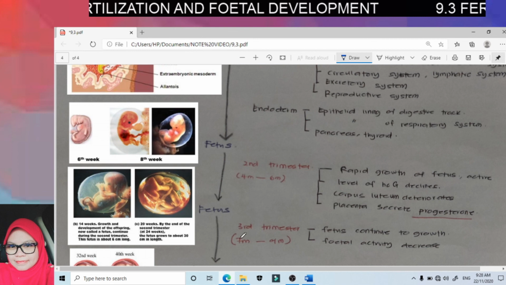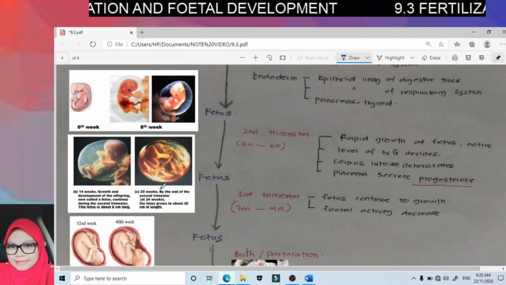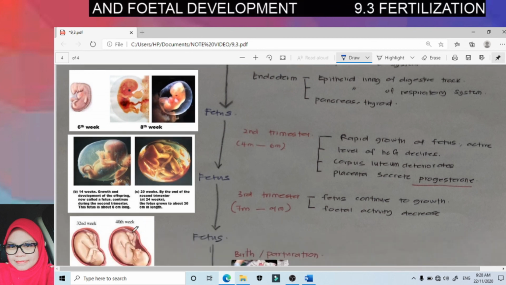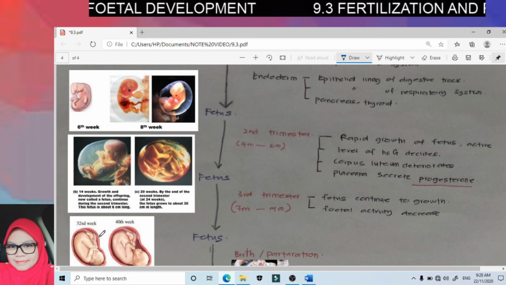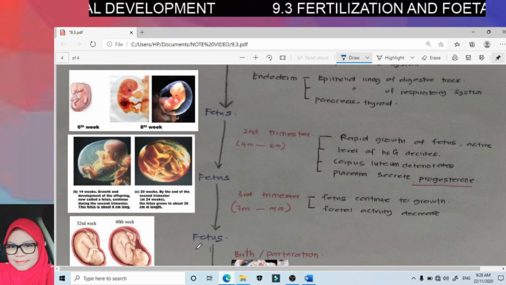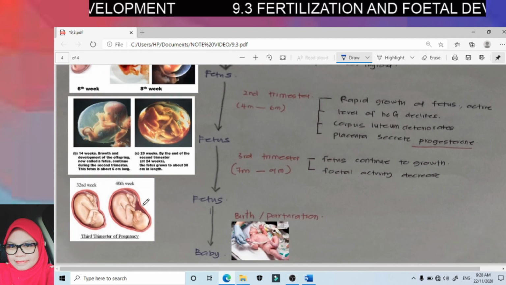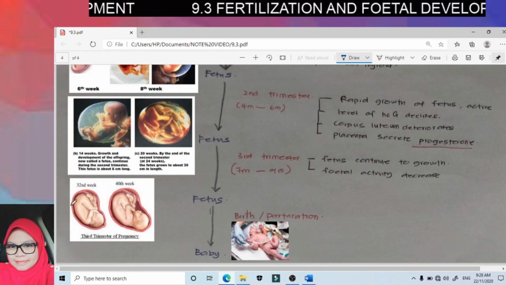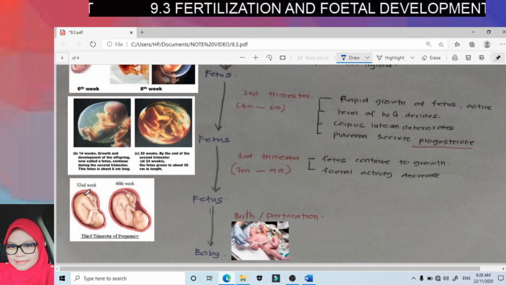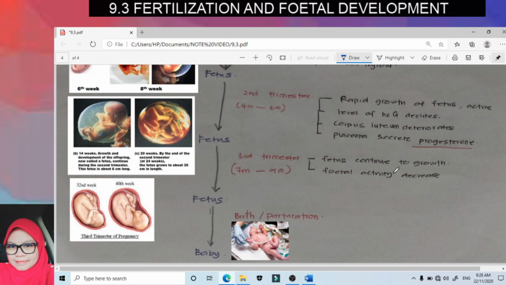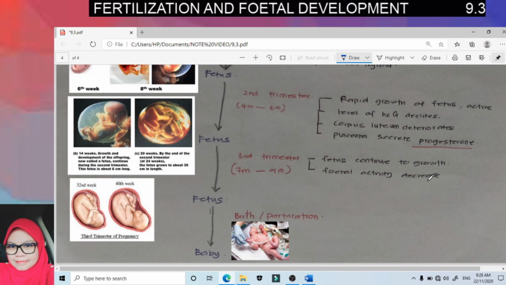And then in the third trimester, the fetus continues to grow, and then the fetal activity decreases. Why? Sebab dia dah memenuhi ruang, jadi dia punya pergerakan agak terbatas. So that's why kita kata fetal activity decrease.